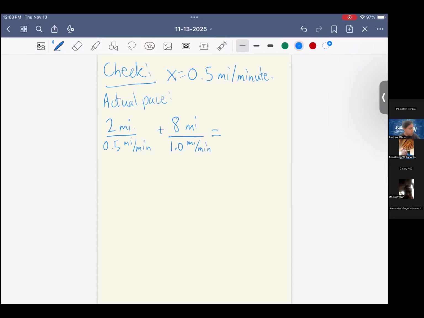What does that equal? Well, that's going to be 4 minutes plus 8 minutes, and that equals 12 minutes, right?